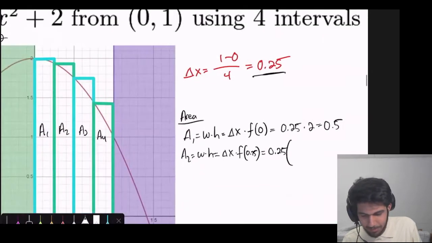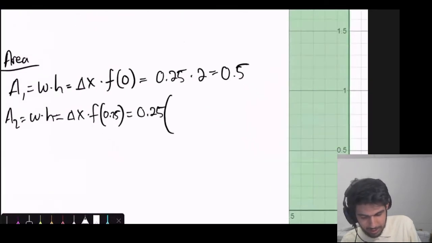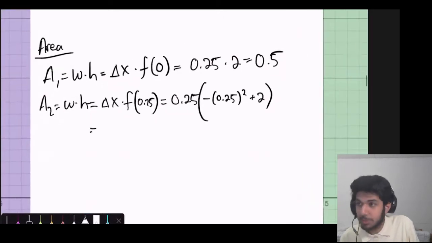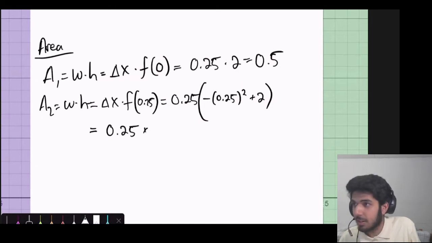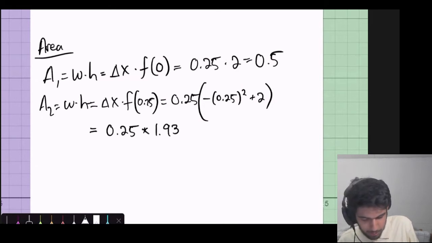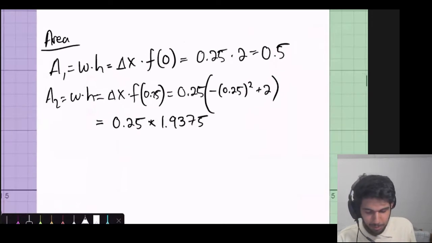So this was negative x squared plus 2. So negative 0.25 squared plus 2. And this will be equal to 0.25 times 1.9375, I hope. And I don't quite know what that is off the top of my head, but we'll just leave it at that.